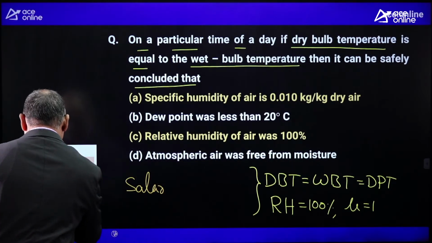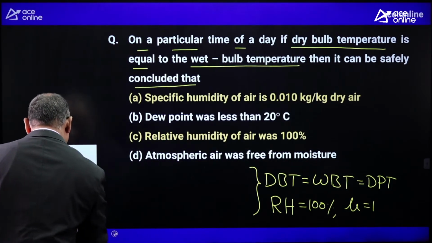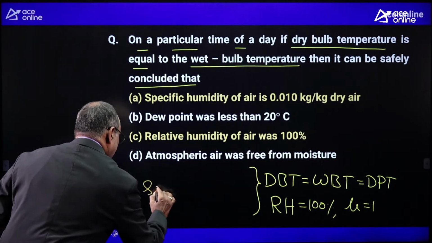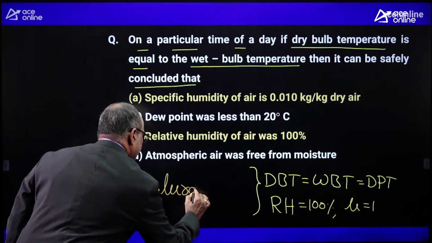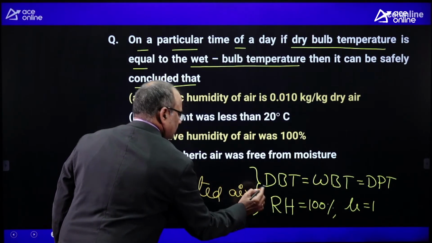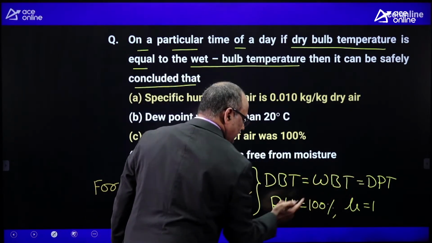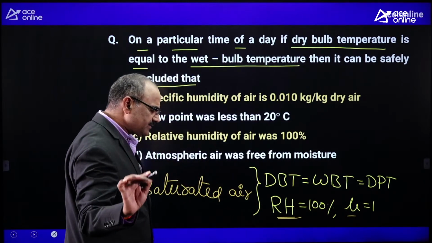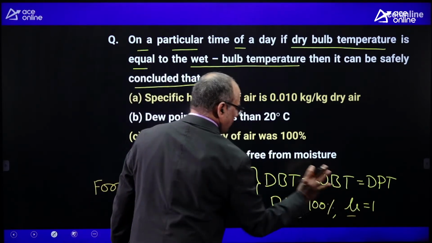For saturated air, these three temperatures are identical. Relative humidity is 100%, degree of saturation mu equal to 1.